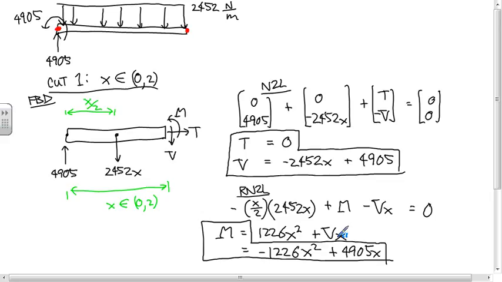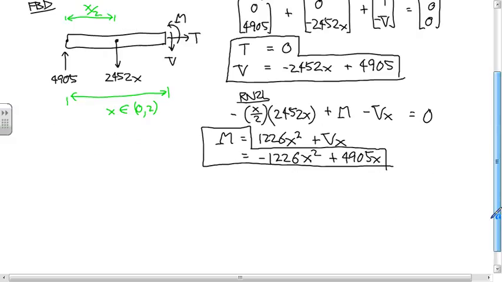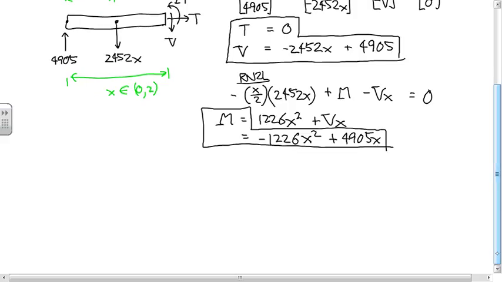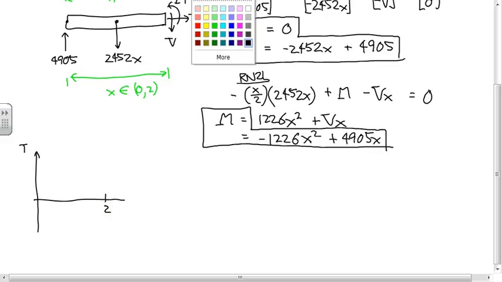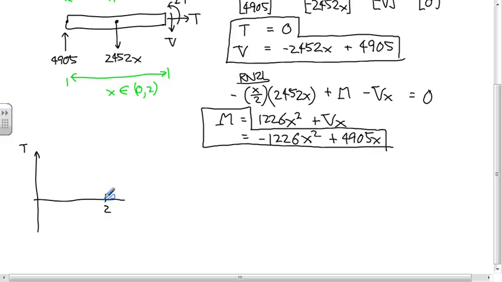Okay, so let's plot it first. So the tension, this is 2 meters. There's no internal tension the whole way.